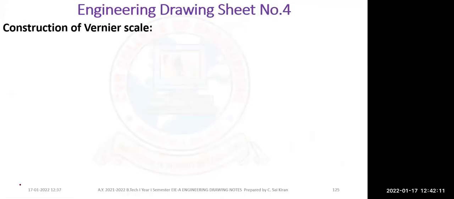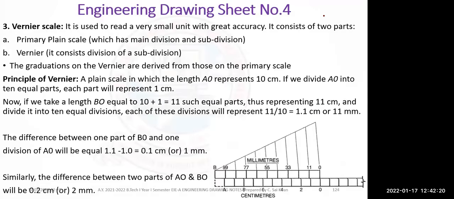So I will start the construction of Vernier. For example, what Paul Vernier has done is this. Suppose I want to measure 4.56 meters using the Vernier, using the 11th table, how can I divide?